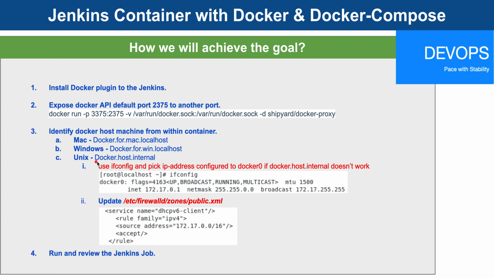But I have seen many blogs wherein it has been claimed that docker.host.internal doesn't work anymore with Docker version 19. So, as a workaround, I have followed these two steps. One is to use ifconfig and pick the IP address that is configured to docker0.